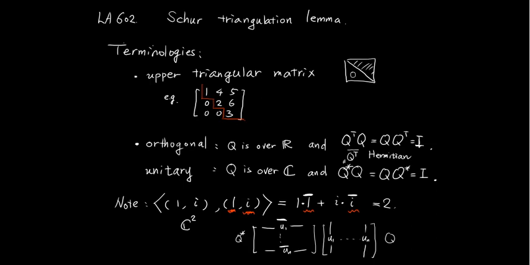From this, you can see that when you multiply u1 and u1, it is actually taking the inner product of these two vectors, right? Part of the vector has to take the conjugate. So again, if you have Q star Q equal to identity, that means the inner product of u1 and u1 is equal to 1. It has length equal to 1. The inner product of u1 and u2 is equal to 0. They are orthogonal. And eventually you will get that each of u1 to un has length equal to 1, and they are mutually orthogonal.